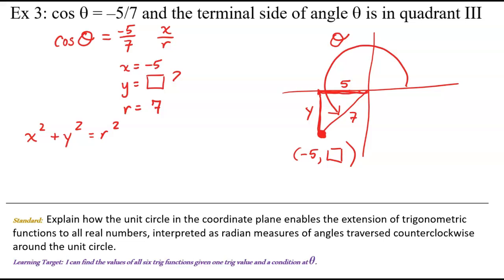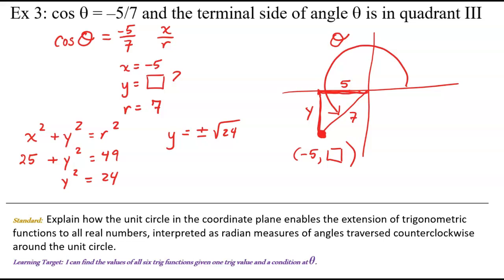Pythagorean theorem is built into every problem. Negative 5 squared is 25. Careful there, lots of mistakes happen. X squared is always positive, or 0. R squared is 49. Subtract 25 on both sides. Take the square root, plus or minus.